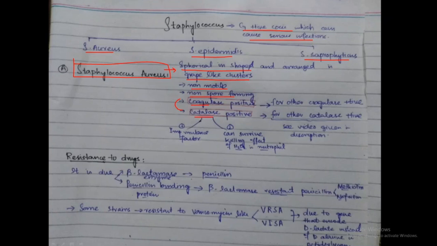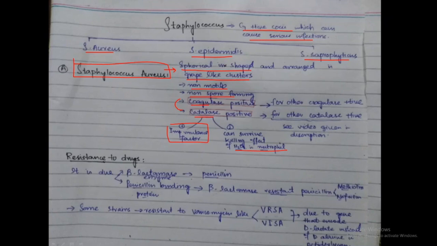Catalase is one of the important virulence factors of Staphylococcus aureus. Due to being catalase positive, Staphylococcus aureus can survive the killing effect of hydrogen peroxide in neutrophils. Now, resistance to drugs, we will discuss this topic at the end.